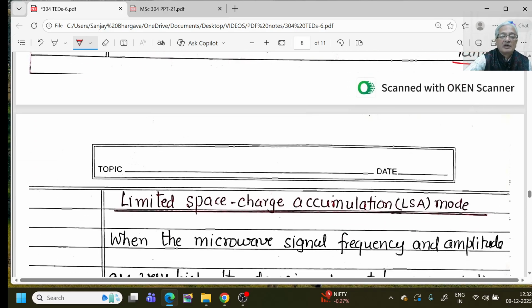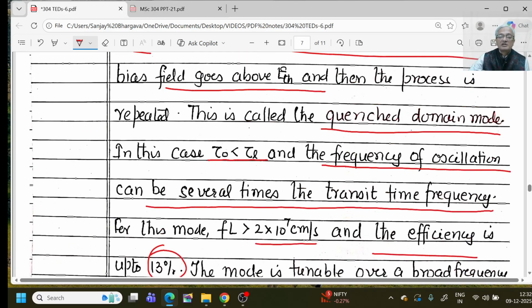So, the three modes differ on the basis of FL. At one place, that is the normal mode, it was 10 raised to power 7 centimeter per second. Here in the quenched mode, it is FL which is greater than 2 into 10 raised to power 7 centimeter per second.